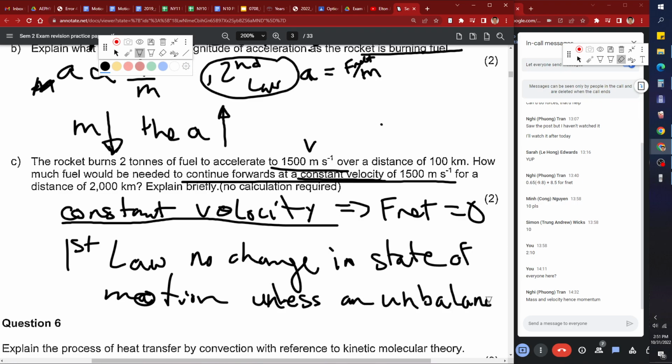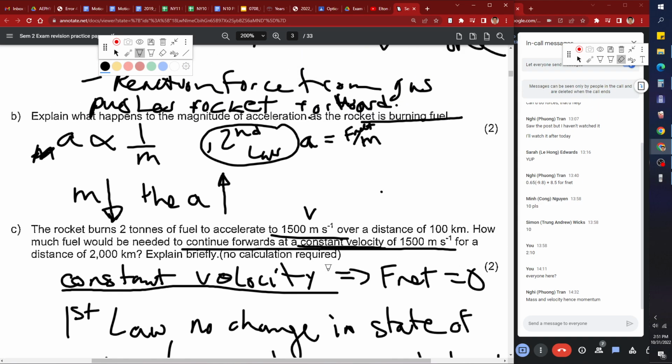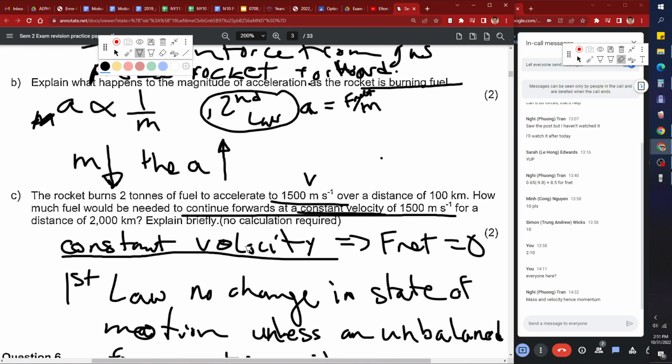So if we don't want the motion to change, we want this constant velocity, then we really don't want a net force. We don't want an unbalanced force to act on it. So how do we get no net force working on us, and the only force is the engine? We turn off the engine.